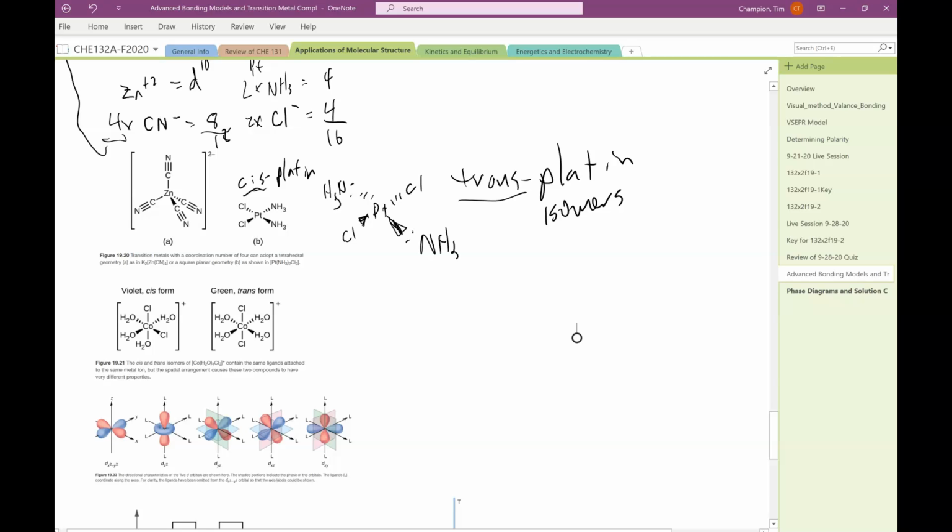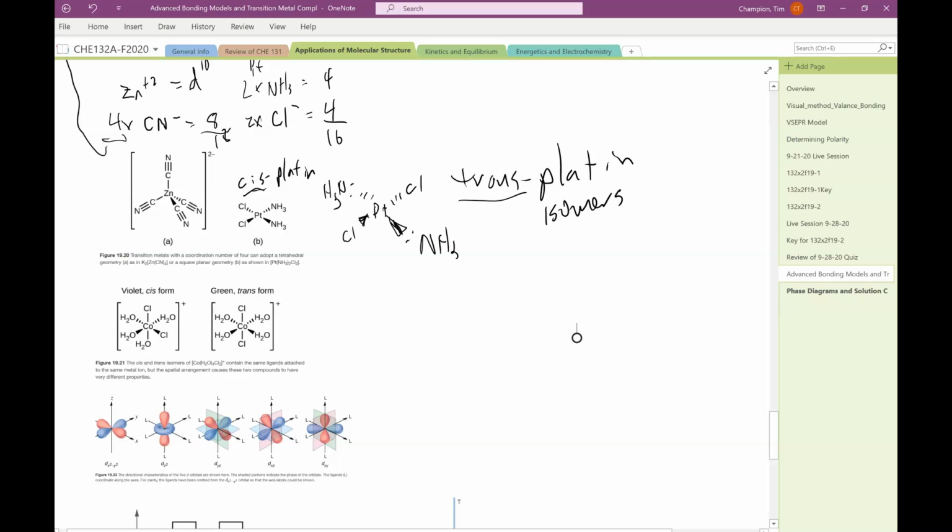And then if the 2 chlorines are opposite each other, that's the same molecule except a different arrangement of the atoms, so it's a different isomer. And that one turns out to be green. So you can see the difference sometimes, not only in the sort of chemical reactions they do, but also in properties like color. One thing a lot of folks are attracted to transition metals for is because they tend to be pretty colorful.